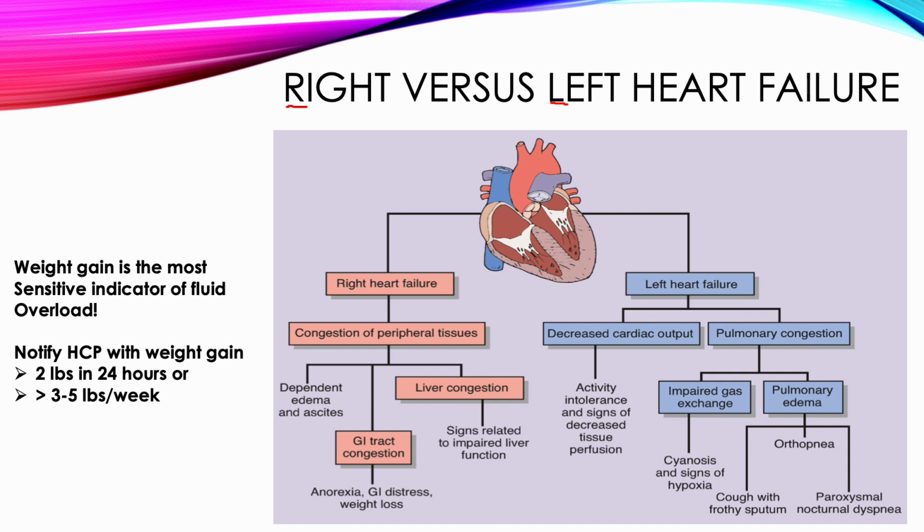They're going to have orthopnea. Orthopnea means that your patient can't lay flat. It's pretty obvious when somebody is hypoxemic and they're having respiratory distress. They'll have a cough with pink, frothy sputum. Pink, frothy sputum means they have pulmonary edema.